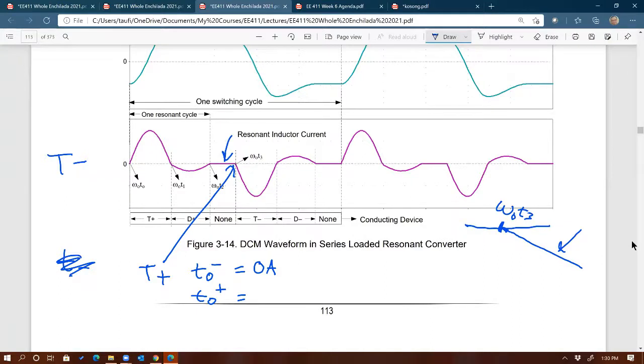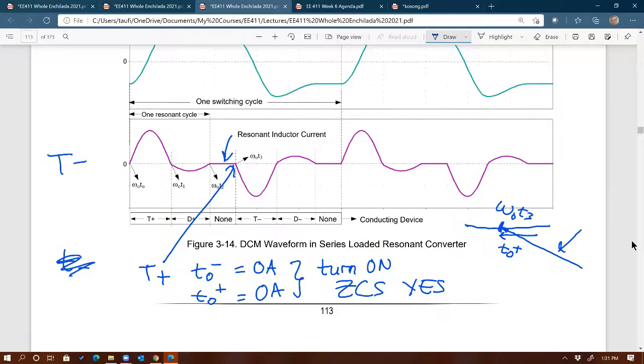It's going to increase, or in this case decrease, from 0. So right after you turn on, that's going to be 0. Therefore, because T0 minus is 0 and T0 plus is 0, at turn on we do have ZCS. It's a yes.